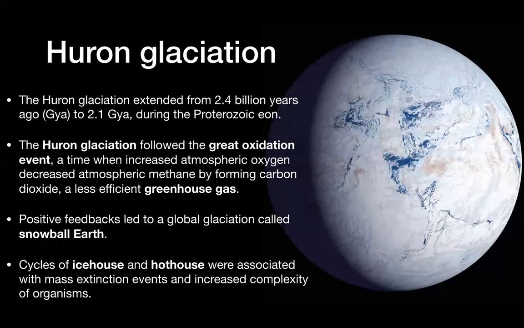The Great Oxidation Event also triggered Earth's first glaciation event around 2.1 billion years ago, the Huron glaciation. Free oxygen reacted with methane in the atmosphere to produce carbon dioxide.